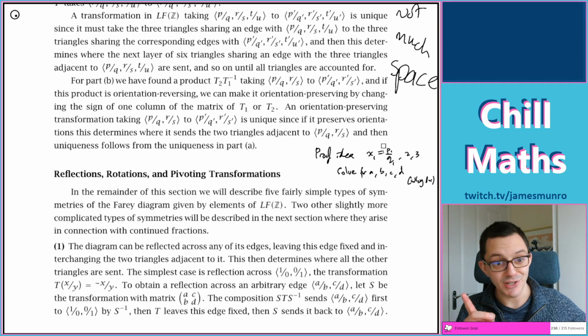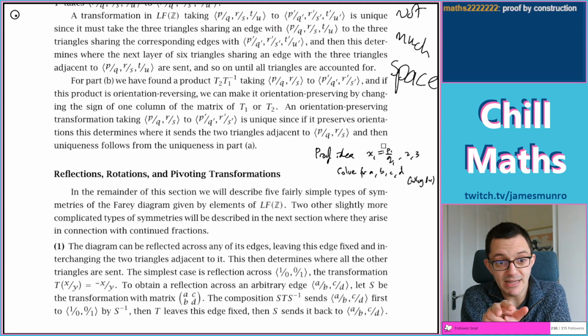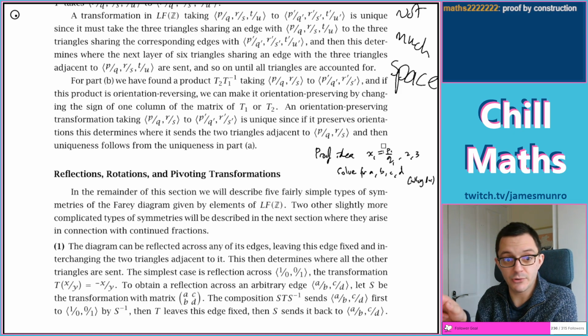Okay, I've got too much stuff. Where it says not much space, I should be replacing that with stuff. Idea stolen from the notes is, instead of thinking about sending 3 arbitrary points or 3 arbitrary rationals to 3 arbitrary points or 3 arbitrary rationals, I should think about sending 3 basic points like 1, 0, and infinity or something to my favourite 3 rationals or my favourite 3 points.